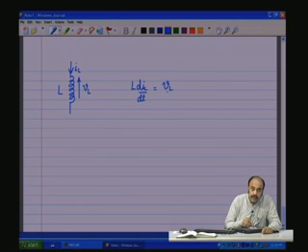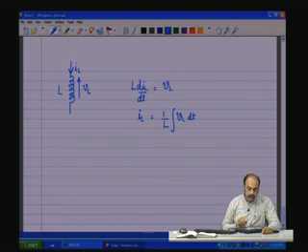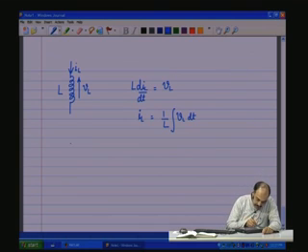Here the independent variable is the voltage across L and the dependent variable is IL, which is equal to 1/L integral of VL dt. So, we can rewrite this differential equation in this form, so that we bring in the integral part there.